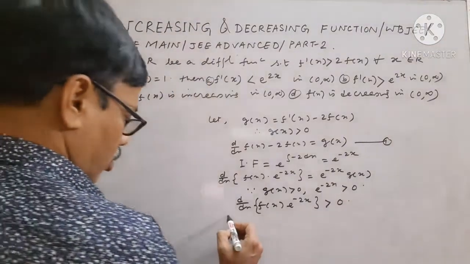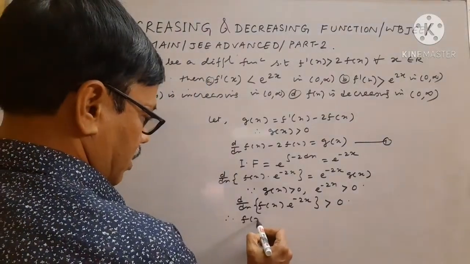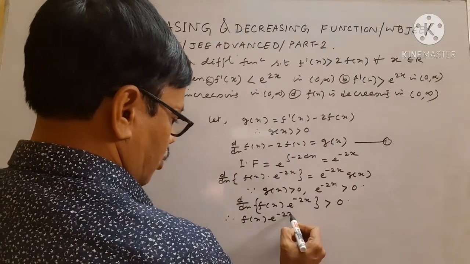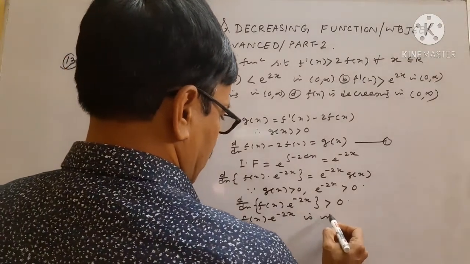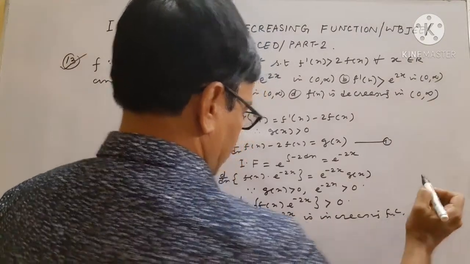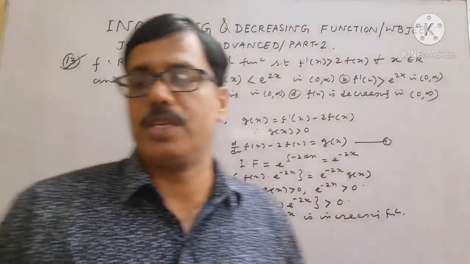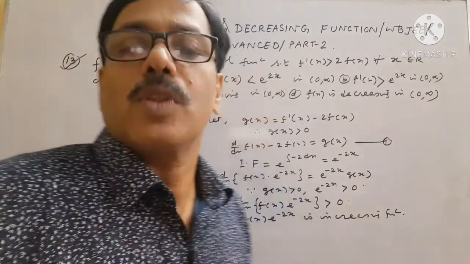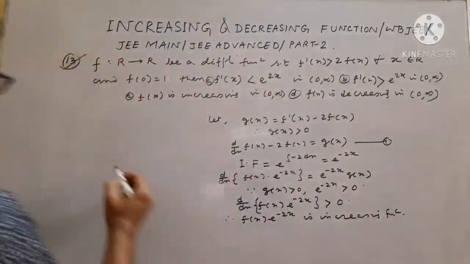So, we can conclude f(x) times e to the power minus 2x is an increasing function.